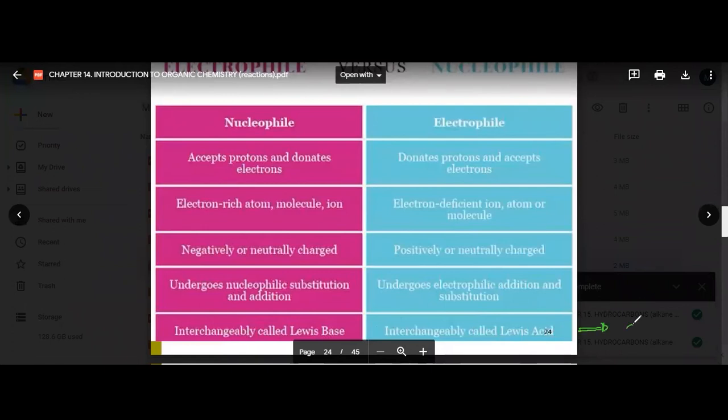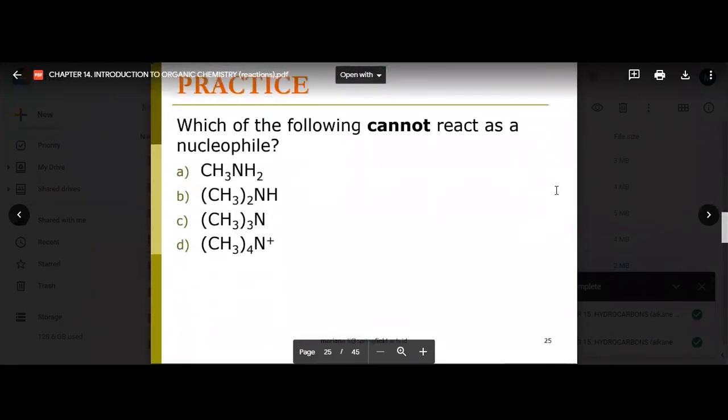We will learn about this in chapter 24 in A level later, in acid base theory. Okay, we are done with nucleophiles and electrophiles. Now let's practice.